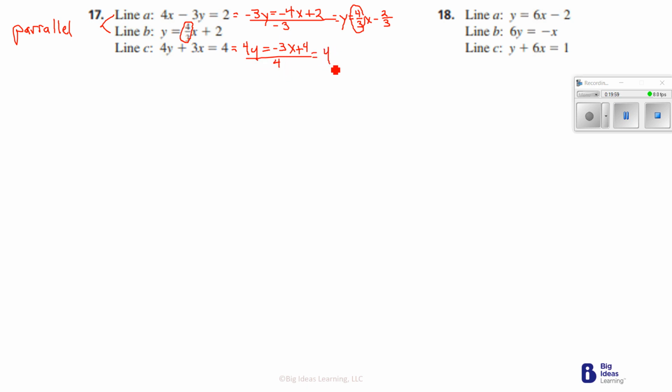This is going to give me y is equal to negative 3 over 4x plus 1, because 4 divided by 4 is 1. Well, this is a negative 3 over 4, which is a negative reciprocal of 4 over 3. So line C is going to be perpendicular to these lines.